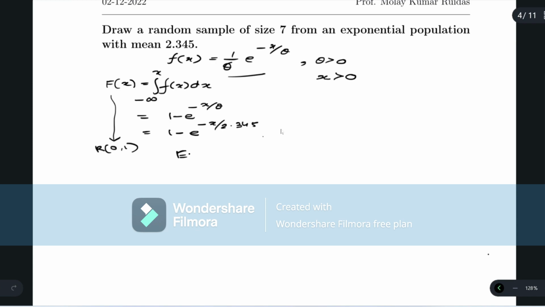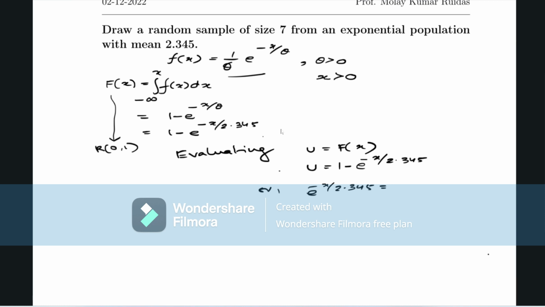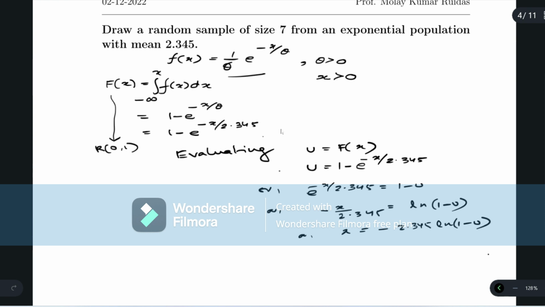So evaluating u is equal to F of x, where u is equal to 1 minus e to the minus x by 2.345, or e to the power minus x by 2.345 is equal to 1 minus u, or taking log on both sides we get minus x by 2.345 is equal to ln of 1 minus u, or x is equal to minus 2.345 into ln of 1 minus u. So xi is equal to minus 2.345 ln of 1 minus ui.